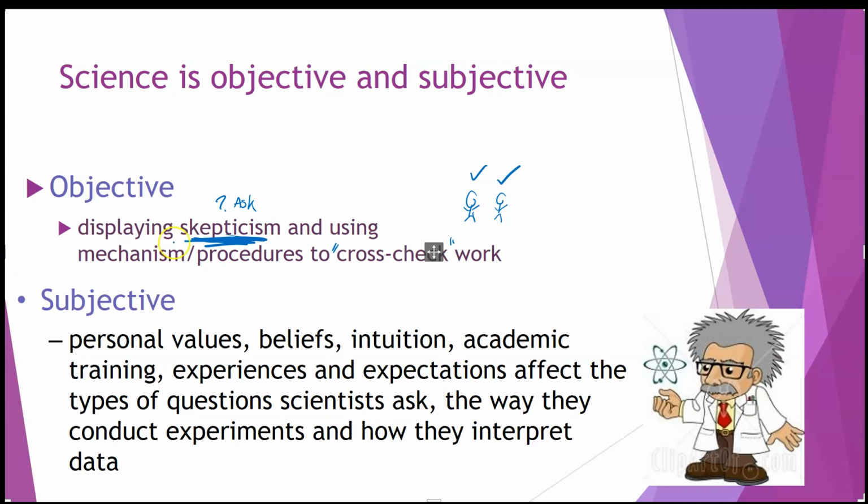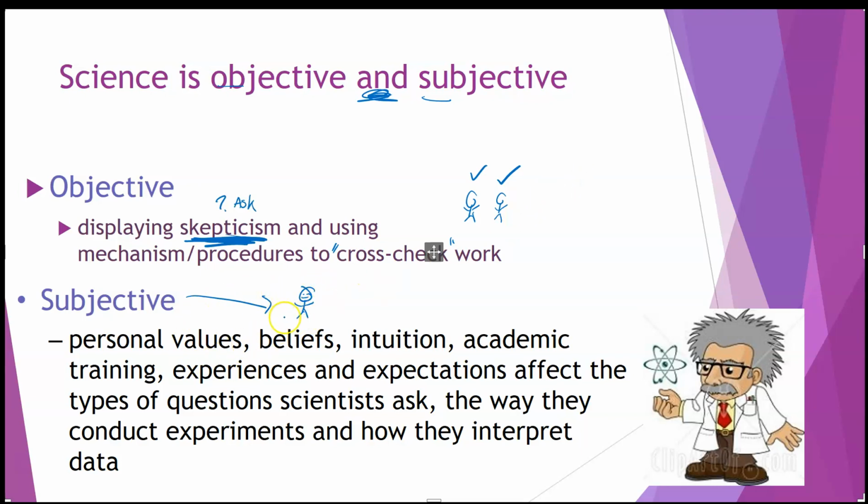Subjective is where it has personal values, beliefs, feelings, training. And unfortunately, science has the ability to be both, right? Why is it subjective and objective? Well, because the people running experiments are people, normal people.